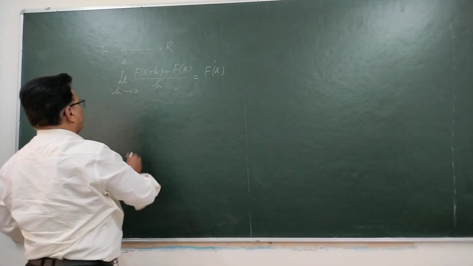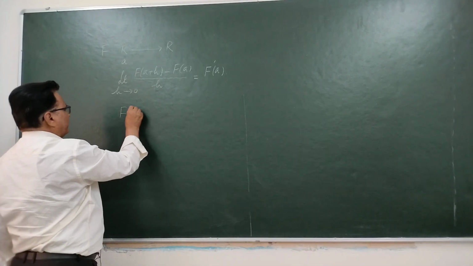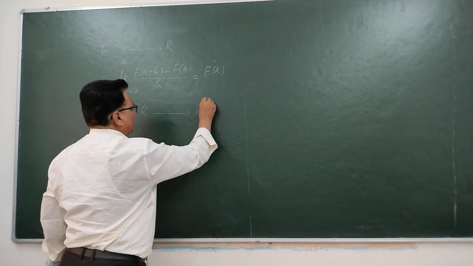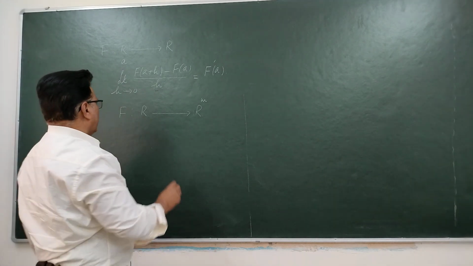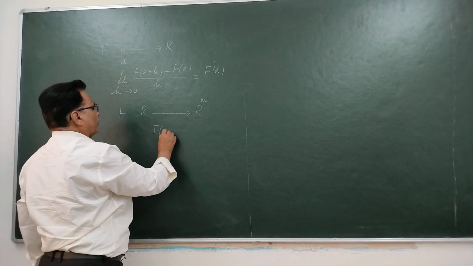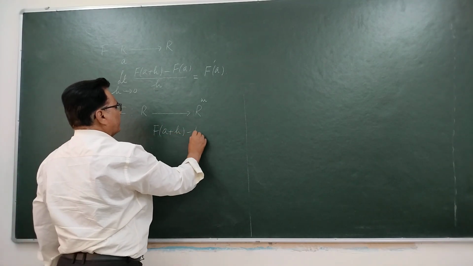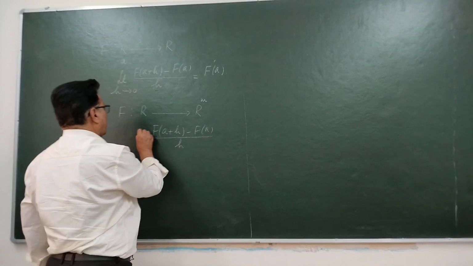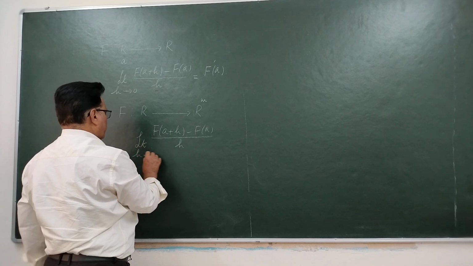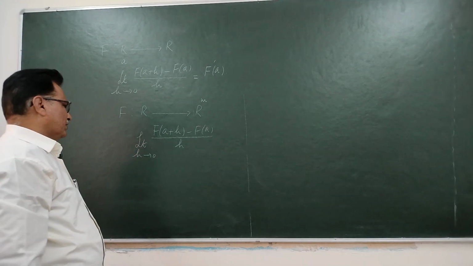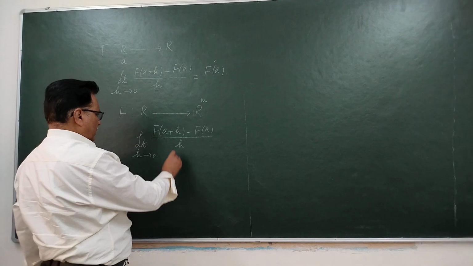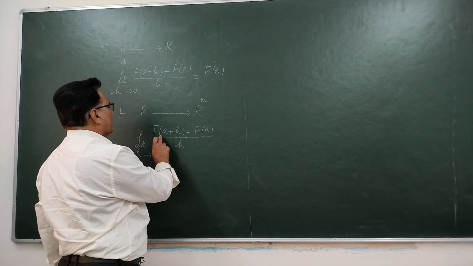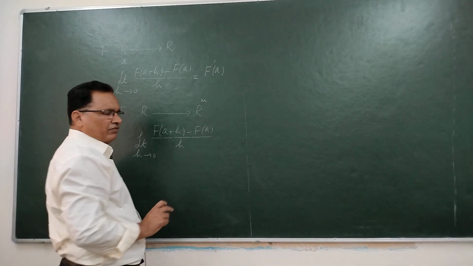In the first step, what we observe is that even if I replace the codomain by a vector space Rm, my definition (f(a+h) - f(a))/h in the limiting case makes sense. This definition makes sense because this h is a scalar, and these two quantities are vectors.